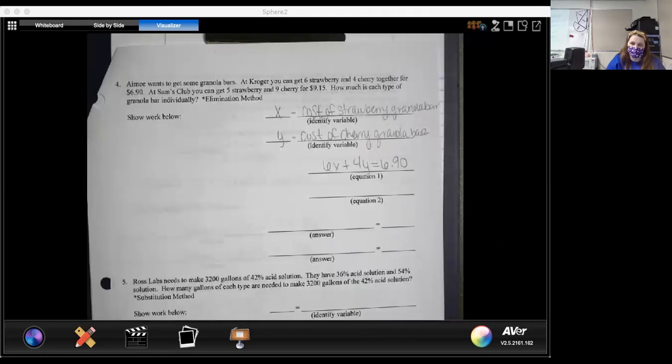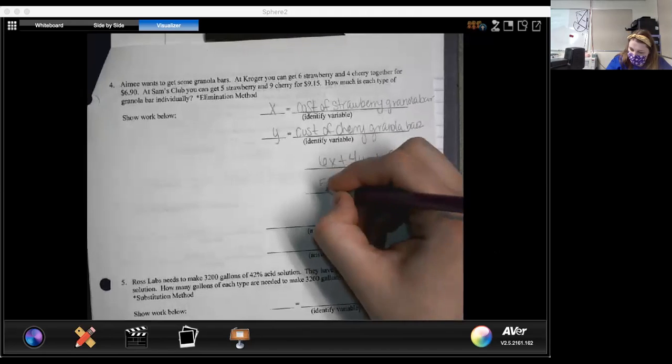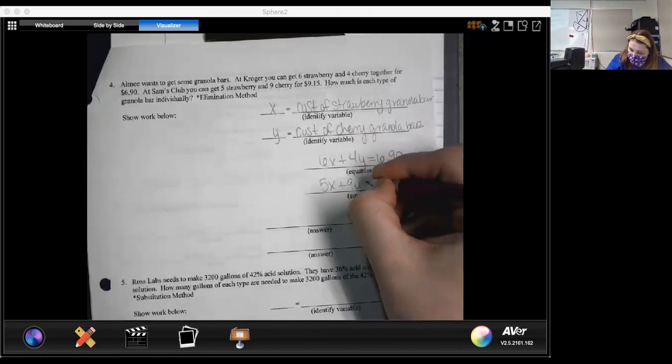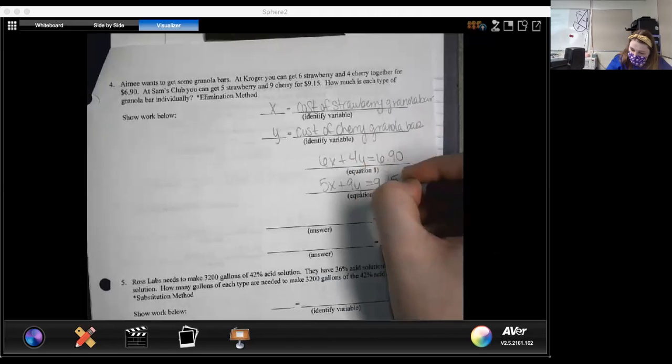What would that look like? Jesus, what would that look like? Okay, good. 5x plus 9y equals $9.15.